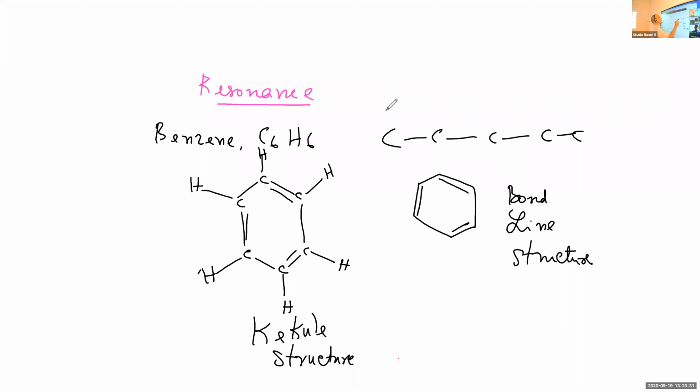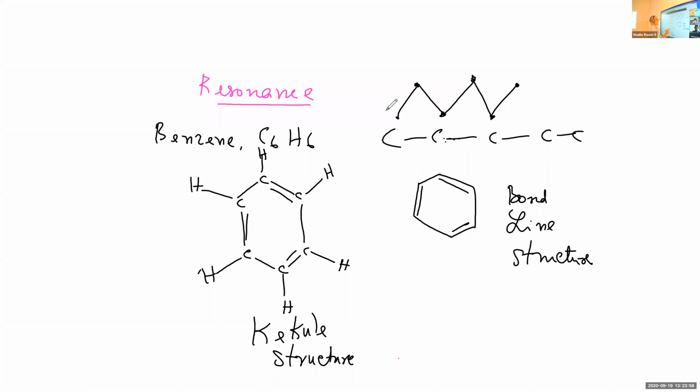If, for example, you take this one, the structure will be like this: 1, 2, 3, 4, 5, 6. It will be shown only like this. At this corner, carbon atom. Here there is a carbon atom, here, and here also there will be a carbon atom. That is the supposition. And this is called the bond line structure.